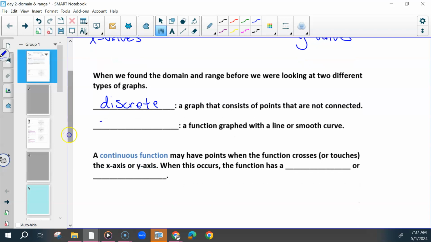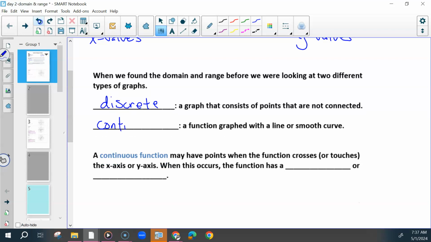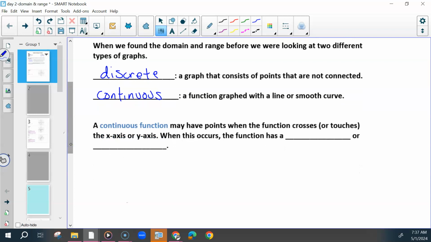Or it can be continuous. So when we were finding the domain and range of the quadratic and the exponential, those were continuous functions that started at one place and kept going. So those usually have a line or a curve. All of your linear functions are continuous.